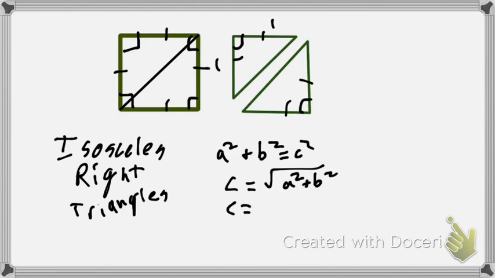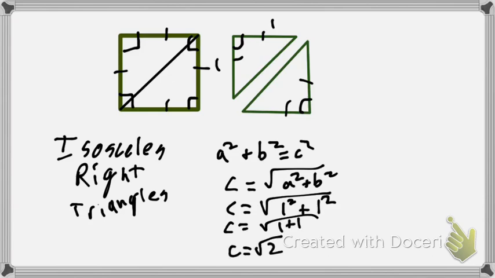So c would equal the square root of 1 squared plus 1 squared. C equals the square root of 1 plus 1, or c equals the square root of 2. So that gives us, in an isosceles right triangle, a leg to leg to hypotenuse ratio of 1 to 1 to the square root of 2.